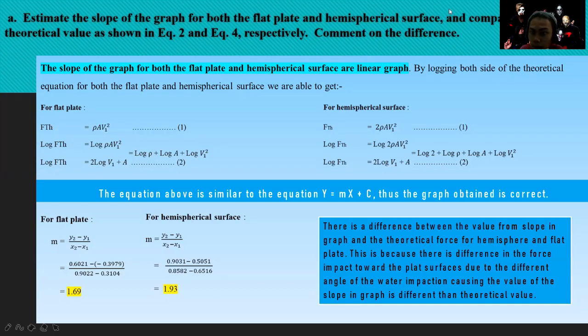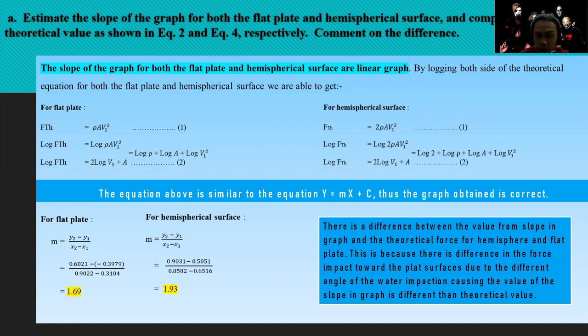By logging both sides of the theoretical equation for both the flat plate and hemispherical surface, we are able to get this one. This is the second, and this is for hemispherical surface.